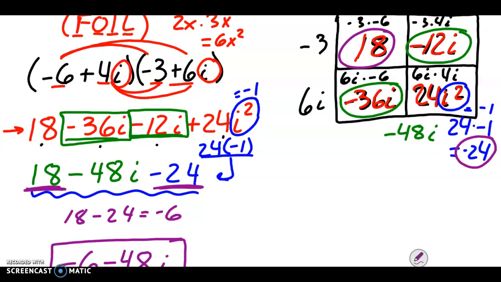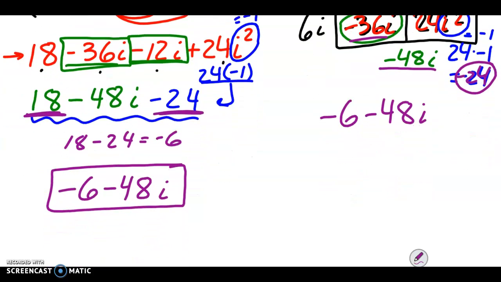So we've got 18 minus 24 is going to give me -6. And then that -48i came out of combining the 2 i terms. Okay? And then you notice that we get the same answer. So those are probably the 2 easiest ways to make sure that you are fully distributing.